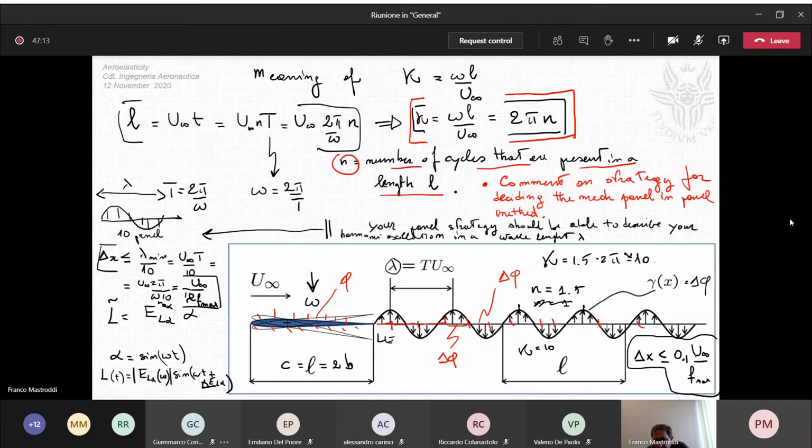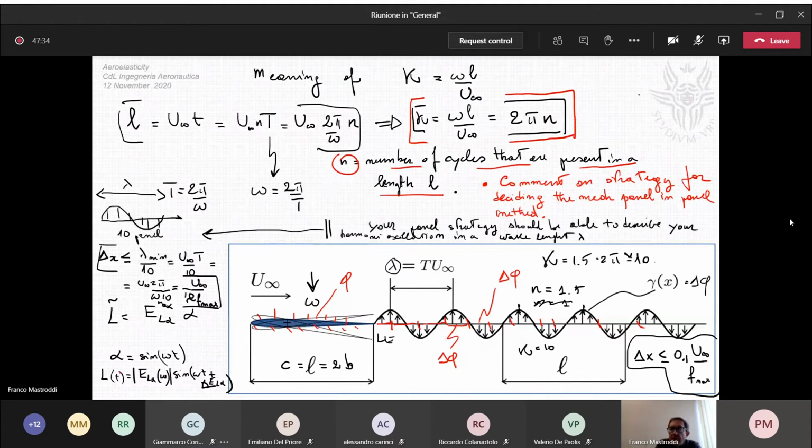If you have very low velocity, it obliges you to have a low value for delta x, and a higher maximum frequency obliges you also to have a very, very small delta x.